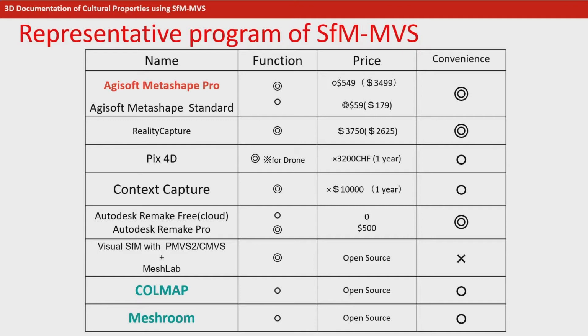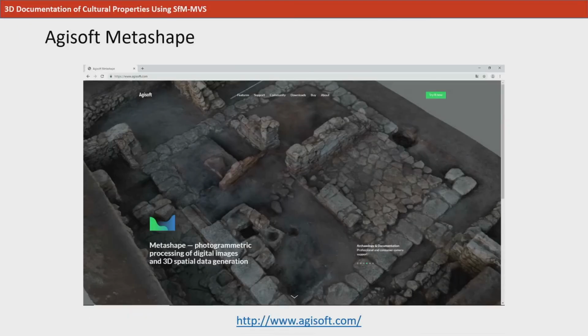Just recently, the change of pricing structure of reality capture software has made it generally more affordable, so we are adopting it as well. Now, it has become our main software used at the Nara National Research Institute for Cultural Properties. You can see here for the URL.